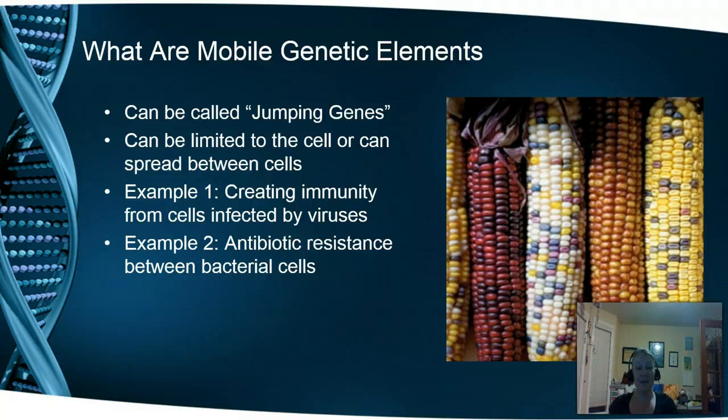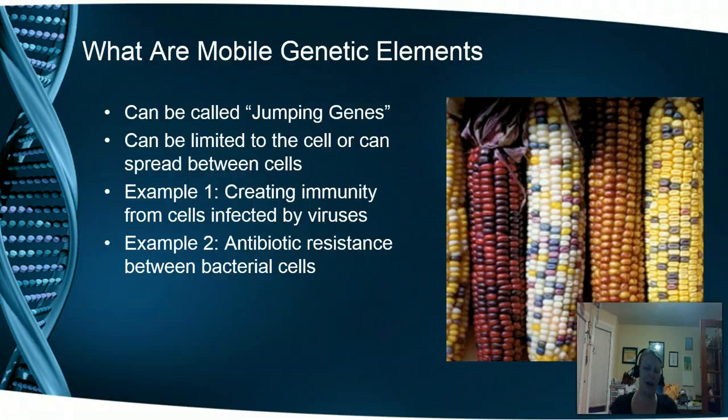And these jumping genes can either be introduced by a virus or some kind of infectious agent, or be spread cell to cell, or sometimes be limited within the genome of that one cell. So you can have a section of chromosome number 1 jump onto chromosome number 2, for example, and that's a really broad example, but it highlights what we're talking about. So it's important to understand that.